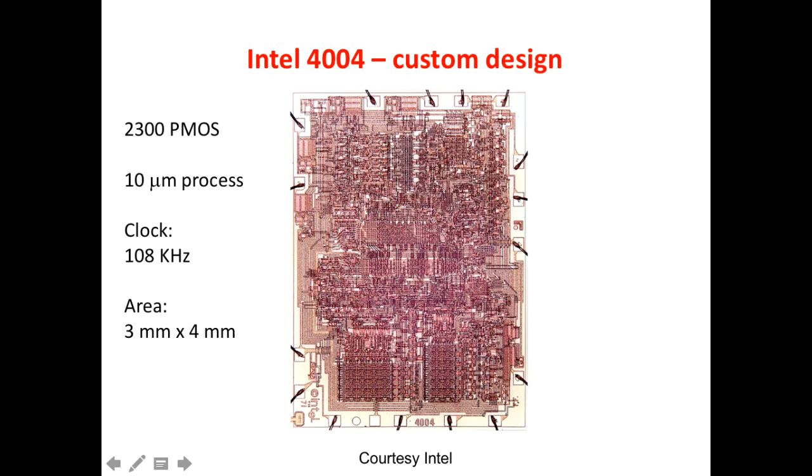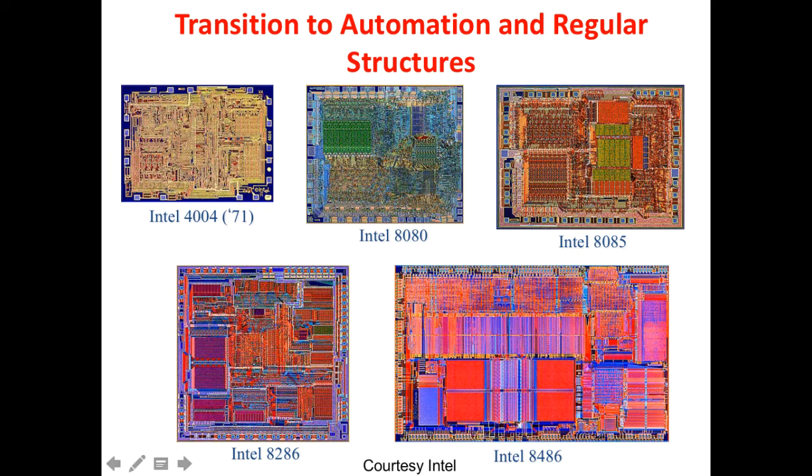If you look at different and later designs by Intel, this is a set of images. This is again the 4004. This is the 8080, this is the 8085, 8286, 8486. They are all pretty old, but you can see that the design becomes more and more regular.